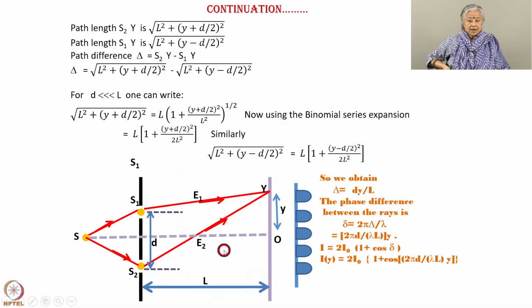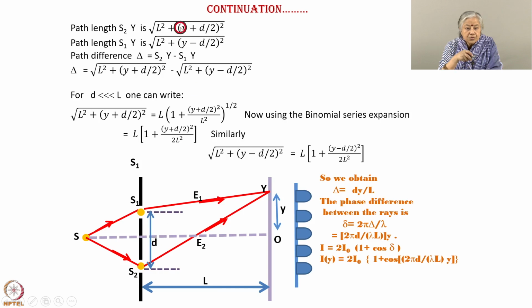See, this is L. If you take this right angled triangle, then a square plus b square is the hypotenuse square, so this is derived from that. Here d is the distance between the two slits, and d by 2 is just this part from here to here.